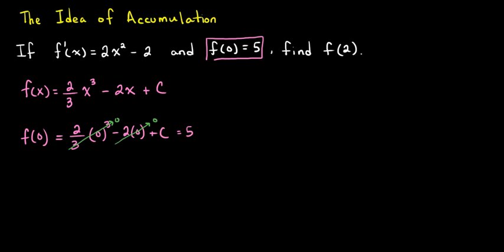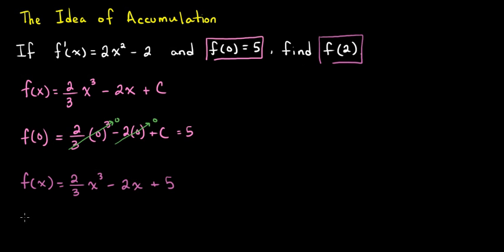So we know that our antiderivative function, f of x, is now going to equal 2/3 x cubed minus 2x plus c, and instead of plus c we can replace c with what we know it is, plus 5. So now we found what f of x is. And then finally, they want us to find f of 2.